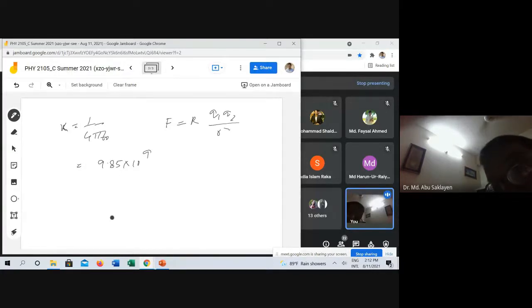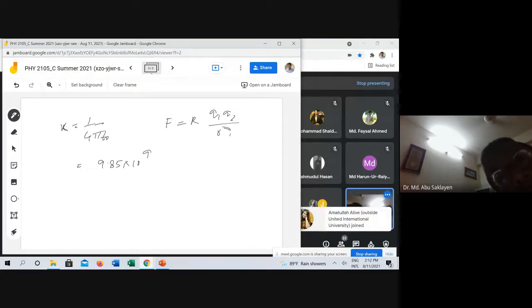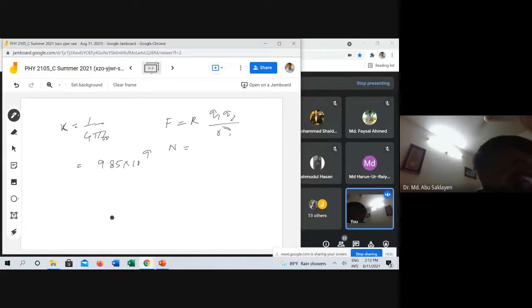So this is Coulomb square per meter square, right? And the left side is Newton, equal to k times Coulomb square per meter square. So what will be the unit of k? k equals Newton meter square per Coulomb square.